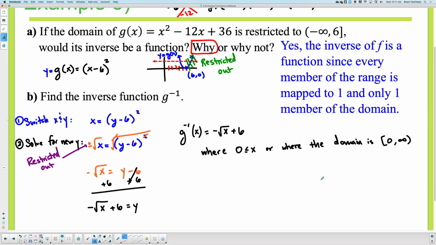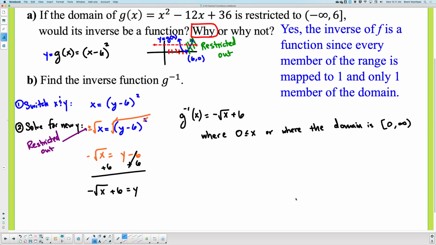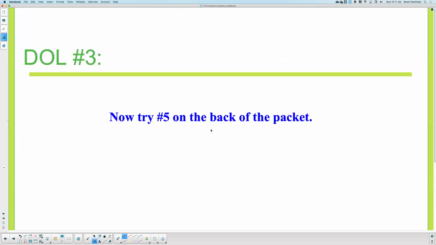You could write it that way as well. Whichever way you like. Now with that, I'll let you try another one. Go ahead and try number 5 on the back of the packet.